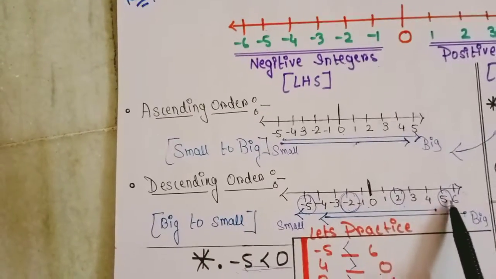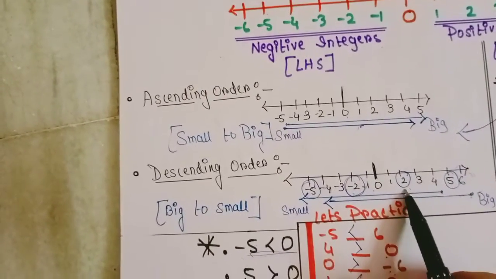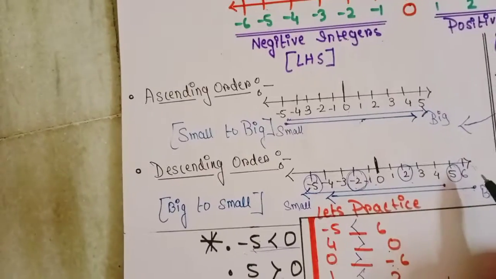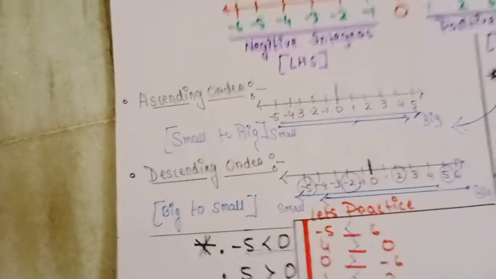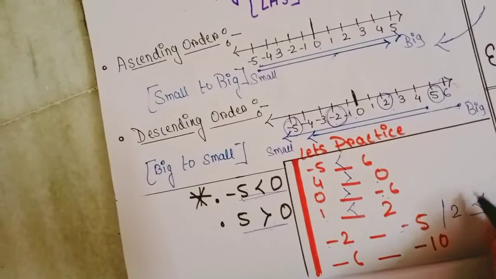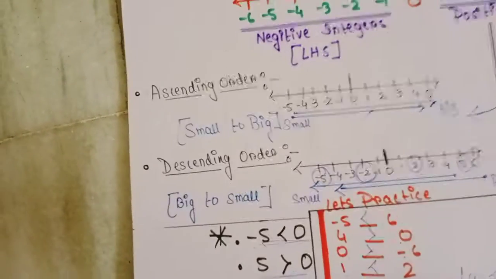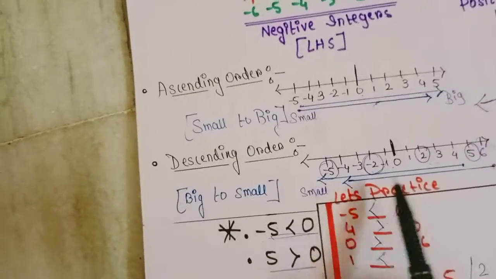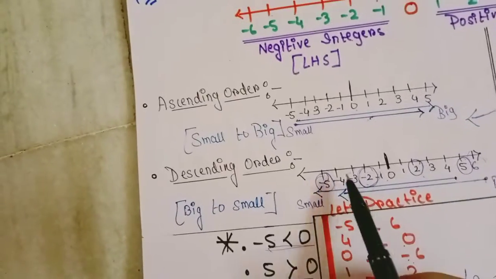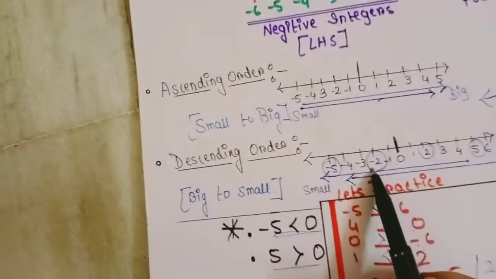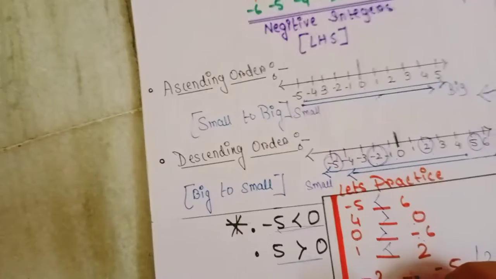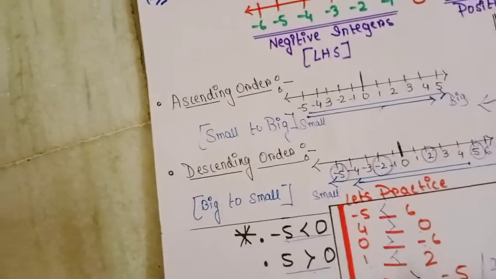You know that 5 is big, so the answer would be this. But when it comes to negative integers, the thing goes opposite. The answer will be -2; -2 is greater than -5.